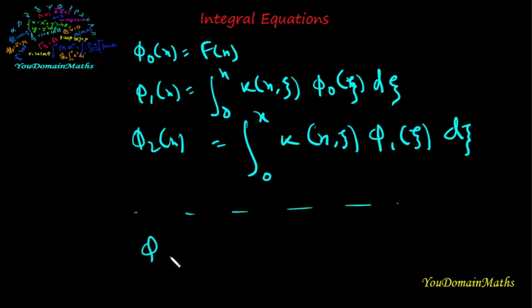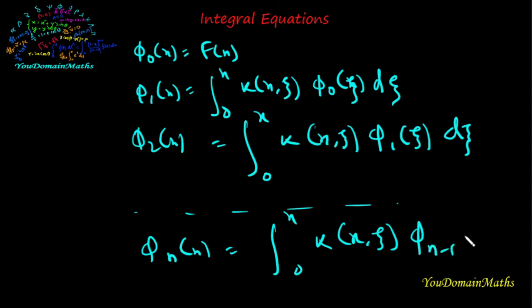So phi n of x equals the integral from 0 to x of kernel x comma xi phi n minus 1 of xi d xi, and this is an infinite series also.